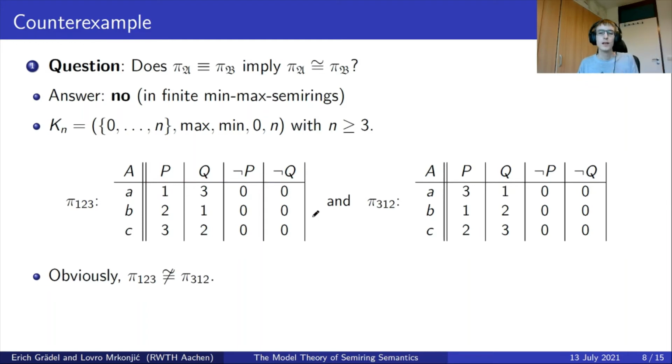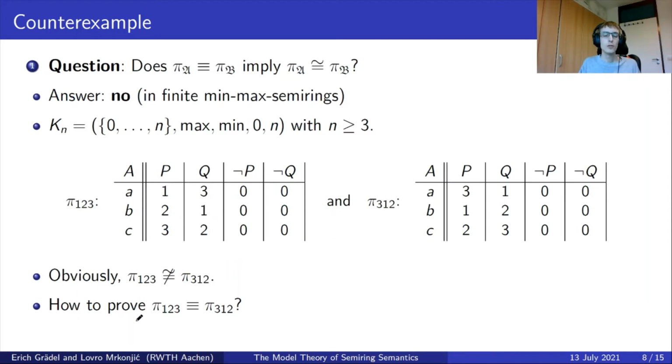So in fact, the spoiler would win in one turn, which would mean that if the Ehrenfeucht-Fraïssé method still works for semiring semantics, then there would have to be a formula with quantifier rank 1 that separates these two structures. But we will show that this is not the case, and that these structures are actually elementarily equivalent, and there is no first order sentence separating them.